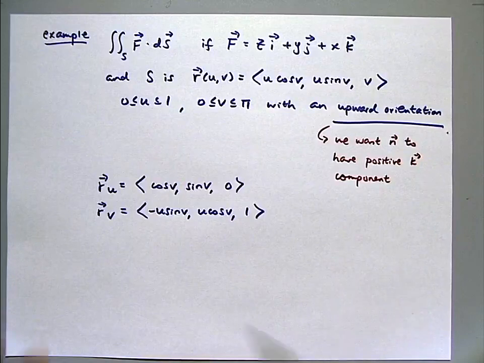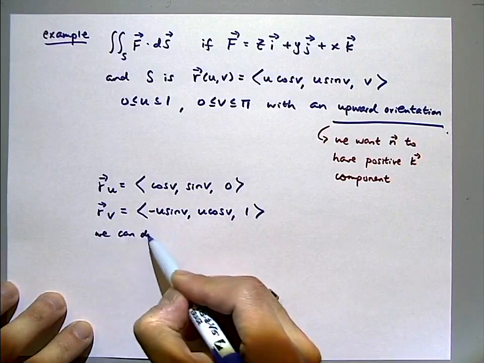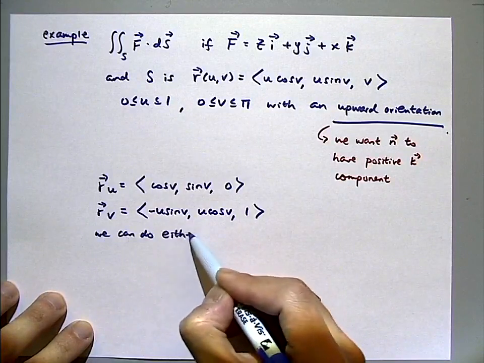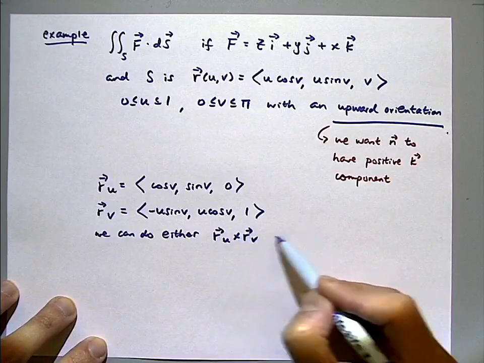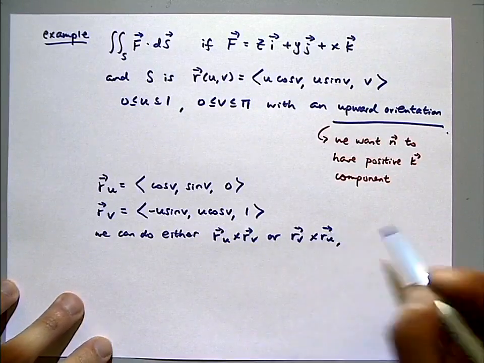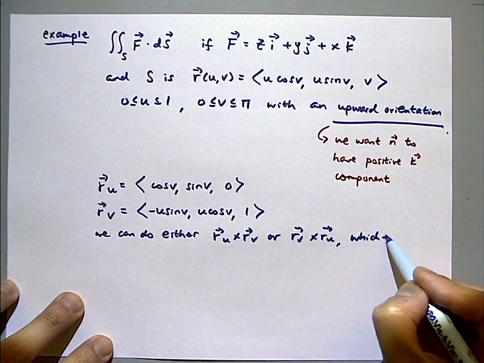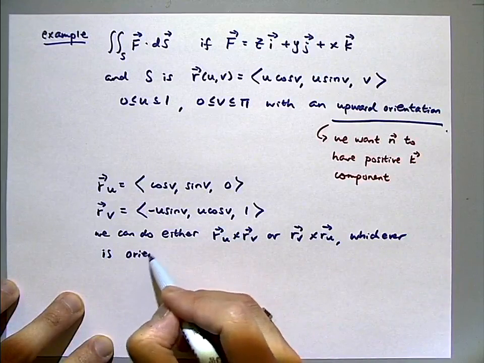Now normal, we can do either RU cross RV or RV cross RU. Whichever is oriented correctly.